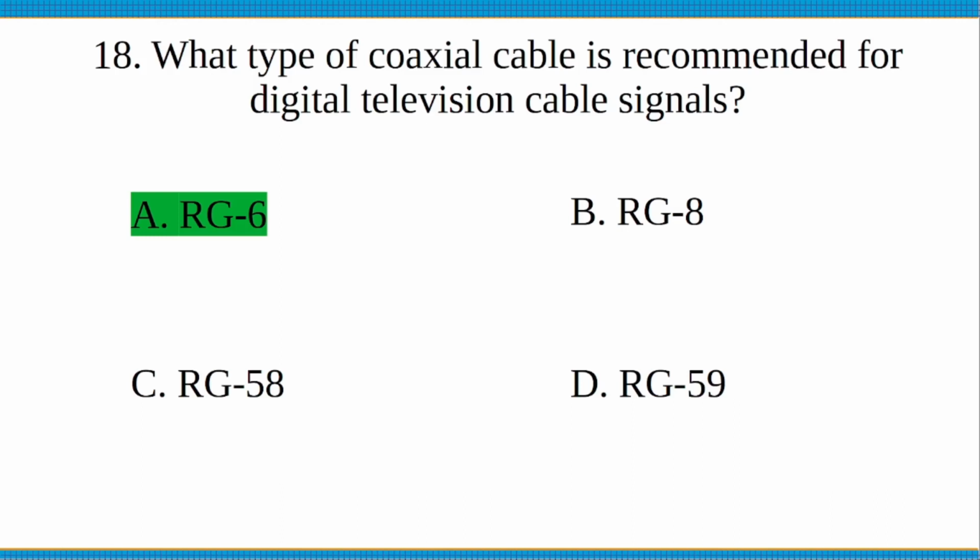The two RG standards used for cable television are RG6 and RG59. Of the two, RG6 is better because it can run longer distances and it can handle digital signals. RG59 is for analog signals only. RG8 and RG58 are thicknet coax.